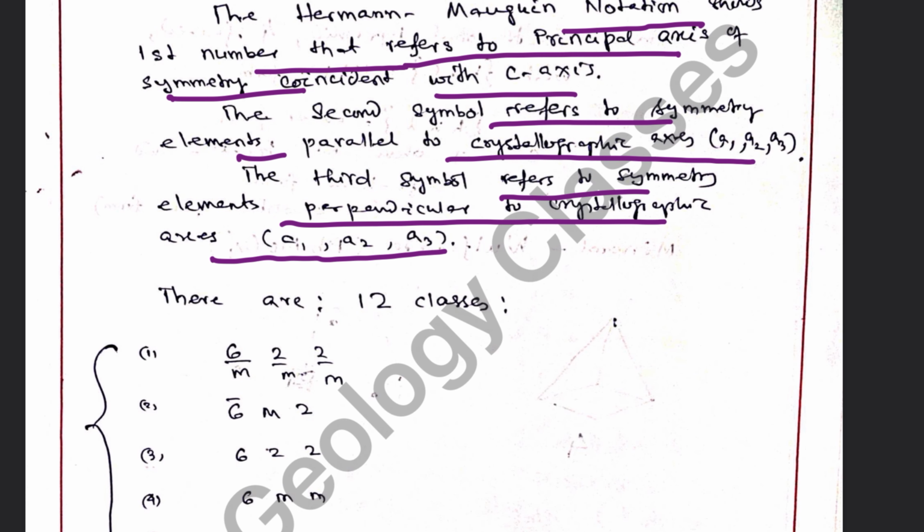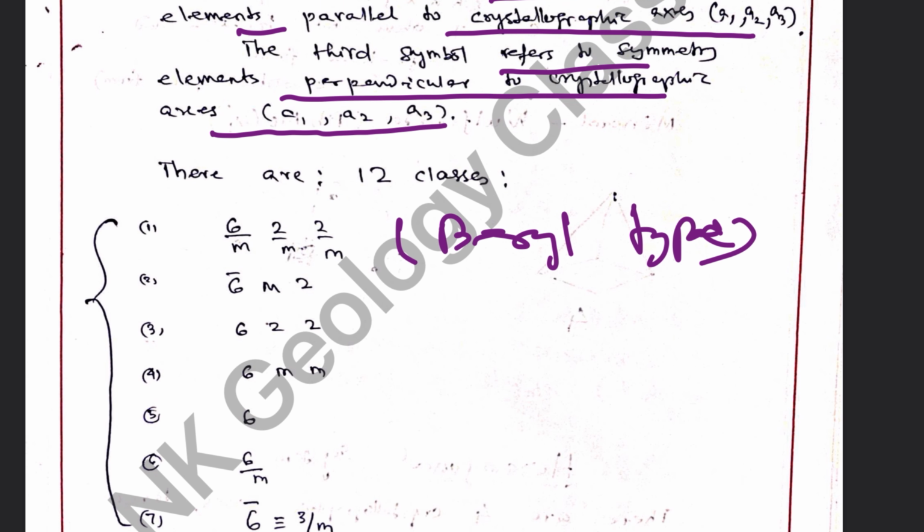So what are the different classes of the hexagonal system? There are 12 classes: 6/m 2/m 2/m, it is the beryl type, showing the highest symmetry in the hexagonal system.